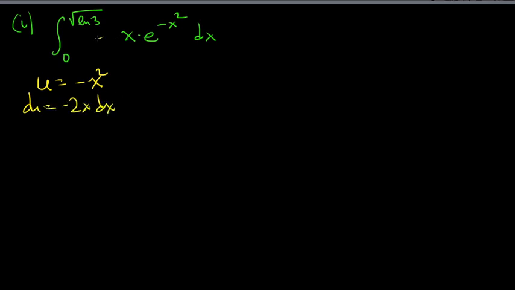We have the x, we don't have the negative 2, so just multiply and divide by negative 2. So then you just get e to the u du. Going from, well, let's see, 0 squared is 0, and then if you square the natural log of 3, you just get natural log of 3, but now it's negative natural log of 3, right? It's negative x squared.